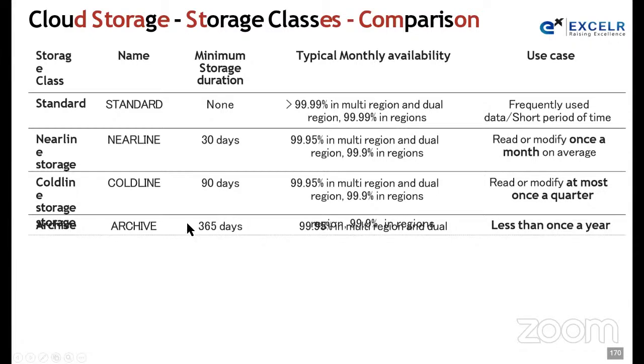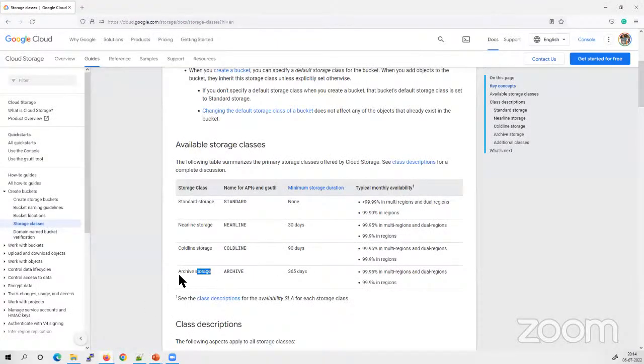Then you have coldline storage. Coldline storage is for when you want to store the data for a minimum of at least 90 days. With these options you get an availability of 99.95% for multi-region and dual-region, and 99.9% in a region. The typical use case is reading and modifying the data at most once in a quarter. And the last one, but not least, is archive storage.